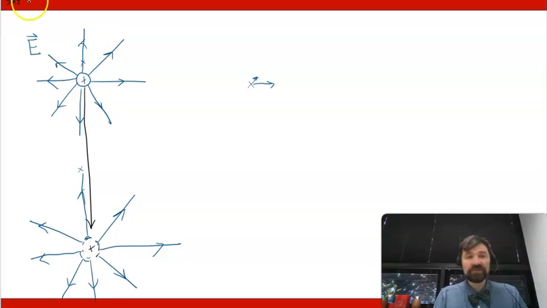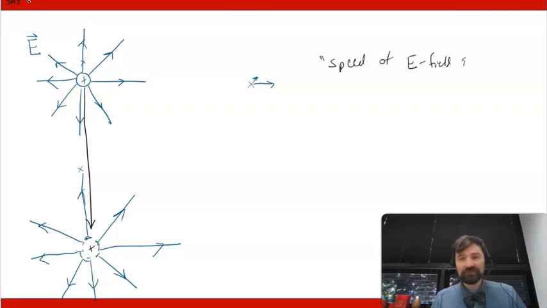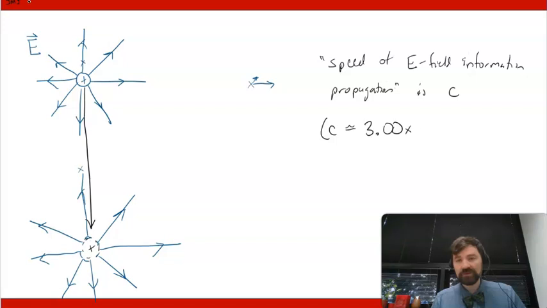That speed of propagation, we could call it the speed of E-field information propagation, is, as it turns out, c, where c is approximately 3, it's actually a little bit less than 3, times 10 to the 8 meters per second.